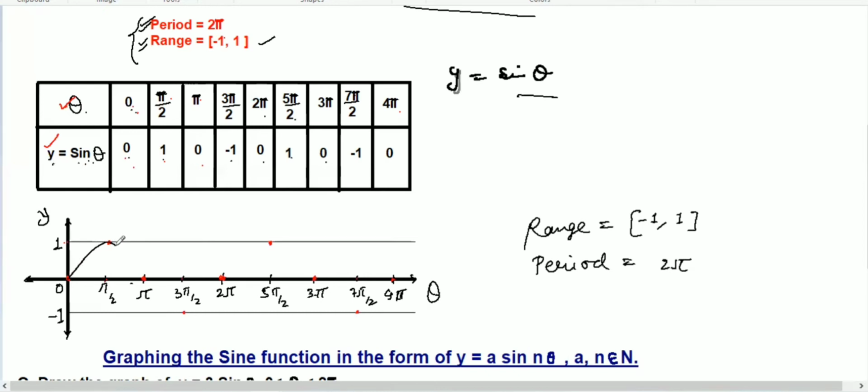So it will be a smooth curve you have to make. Don't draw a straight line. So this curve represents y equal to sine theta. This way we draw the graph of sine theta.